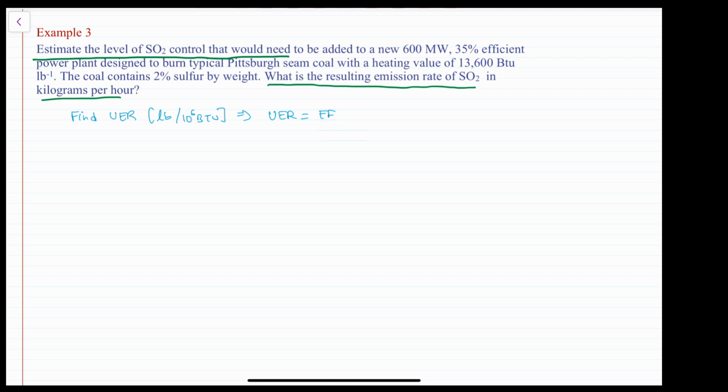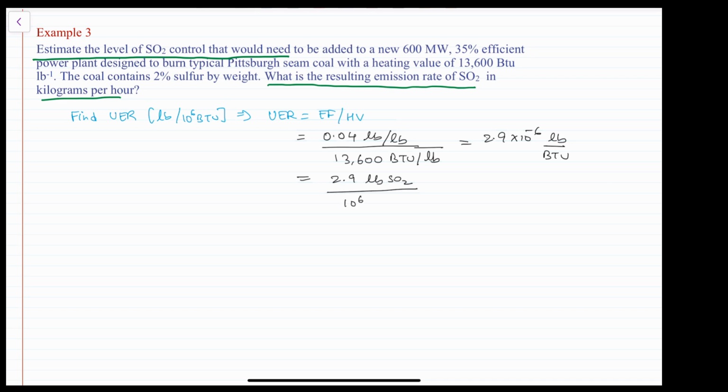In this case, the emission factor is again 2%, so I can just write 0.04 pounds of SO2 per pound of coal, divided by 13,600 BTUs per pound, and this would be equal to 2.9 times 10 to the power minus 6 pounds per BTU, or 2.9 pounds of SO2 per million BTUs. So that's our uncontrolled emission rate.